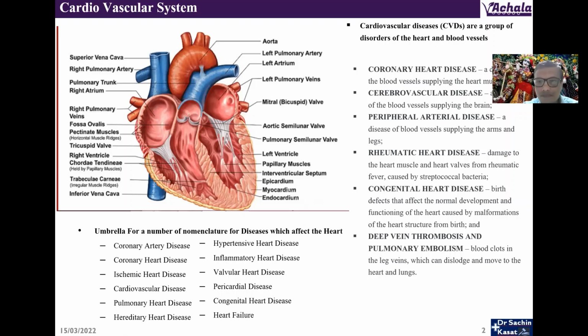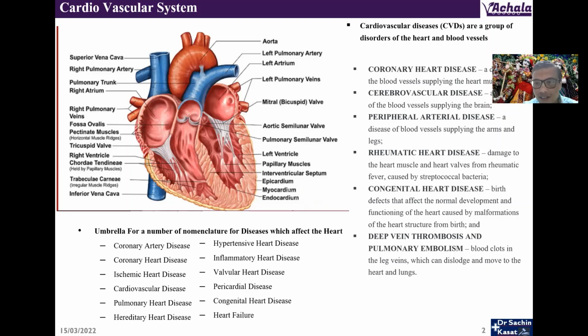limbs is affected. Rheumatic heart diseases, wherein there is a damage to the valves or the muscles because of rheumatic fever. It is one of the bacteria. Congenital heart diseases, where there are defects, they are developmental. Or there could be something as simple as deep vein thrombosis and pulmonary embolism.